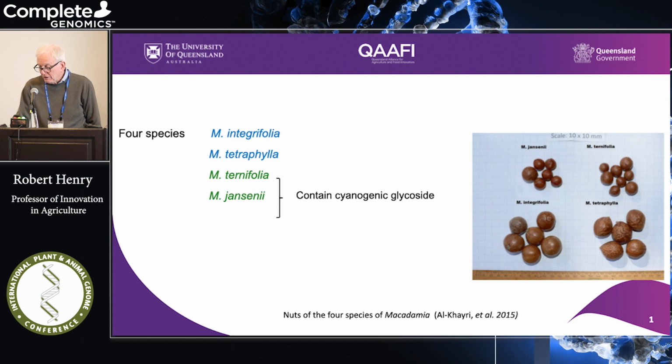The 4 species include 2 with fairly small seeds that are toxic. They have cyanogenic glycosides in them, so they're very bitter. But we need to work with these because they actually are an important resource.